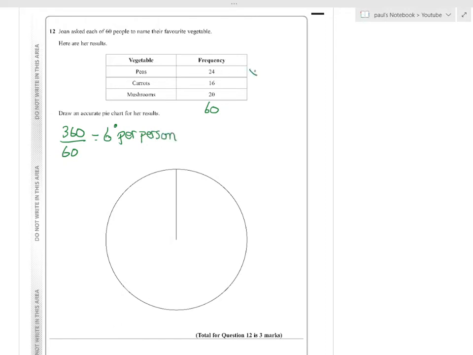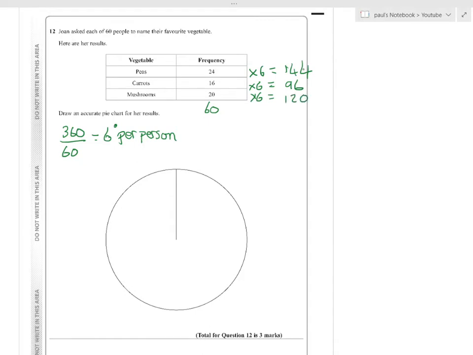So we got 24, multiply these numbers by 6 and we'll find out what the degrees are. So 24 times 6 is 144. 16 times 6 is 96. And 20 times 6 is 120.